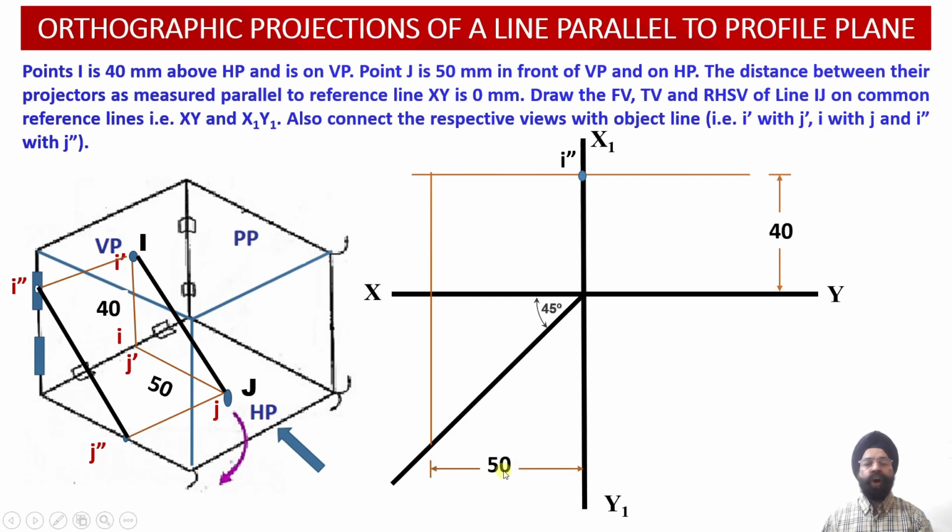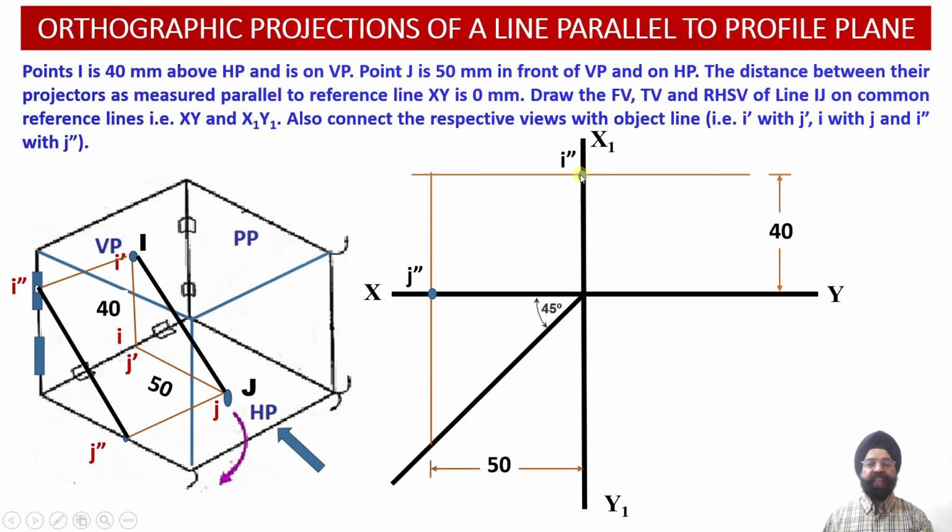Now point J will be located onto the ground, that is onto the horizontal plane, 50 mm away from the vertical plane, on the XY reference line. So point J double dash has also been located.